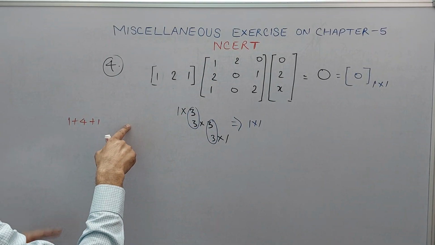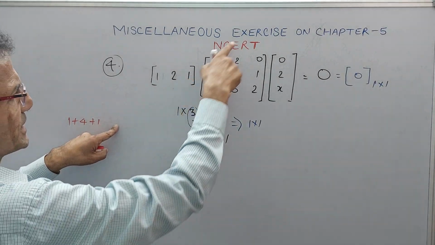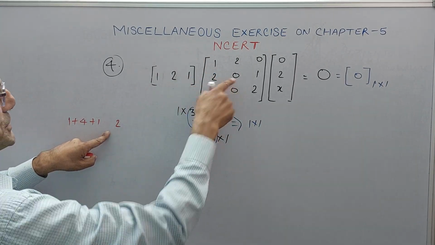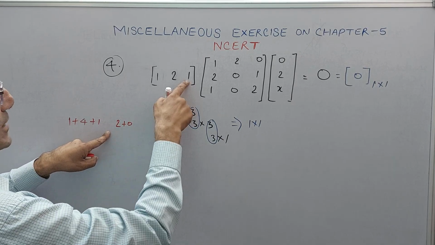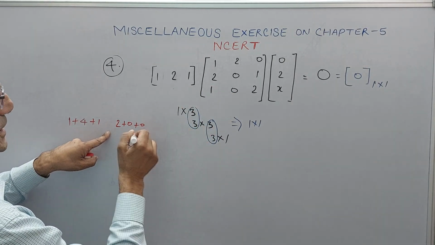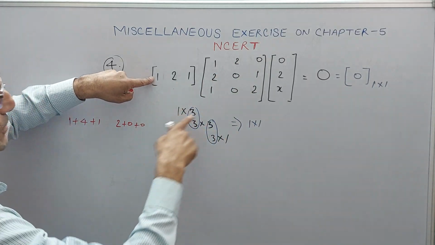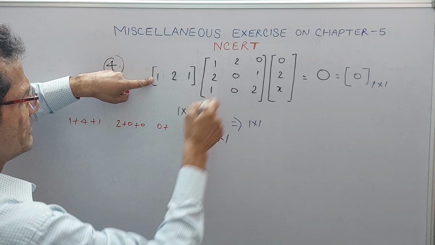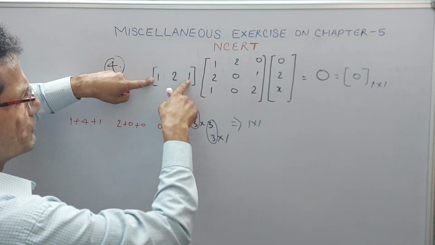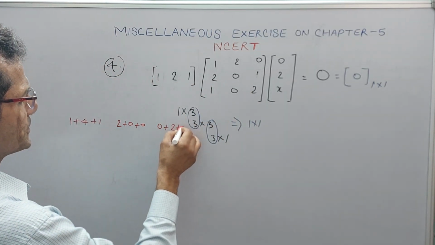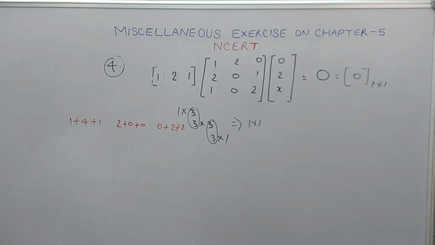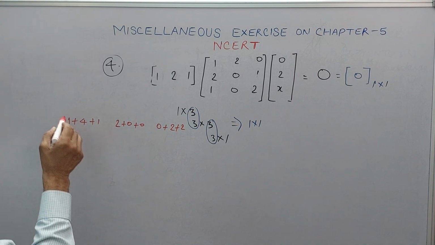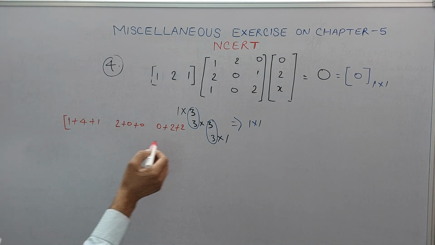This is first row, second column: 1 into 2 will be 2, 2 into 0 will be 0, and 1 into 0 will be 0. Now first row and third column: 1 into 0 will be 0, 2 into 1 will be 2, and 1 into 2 will be 2. So this is the first row. So this is only one thing we have.